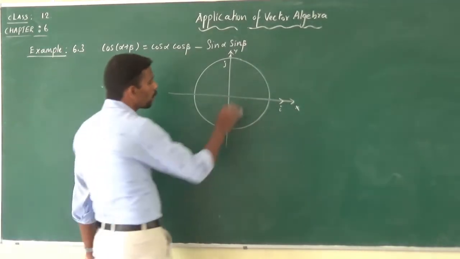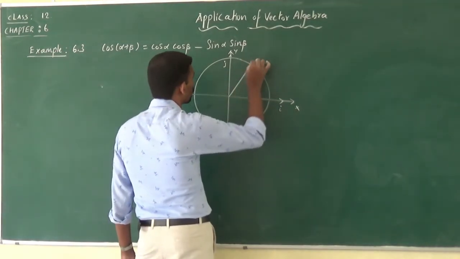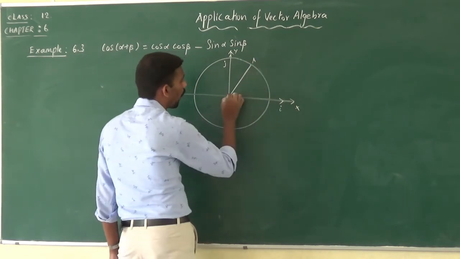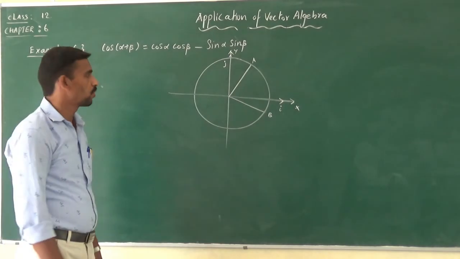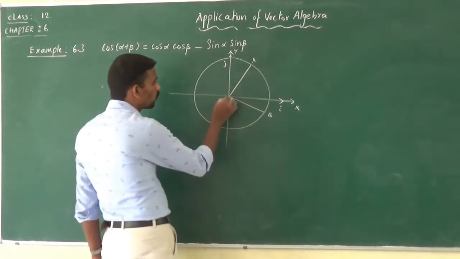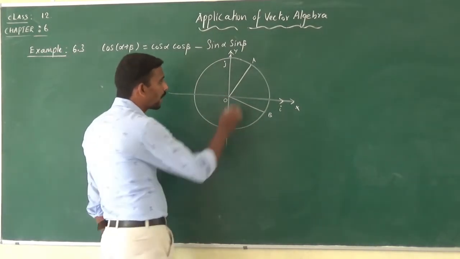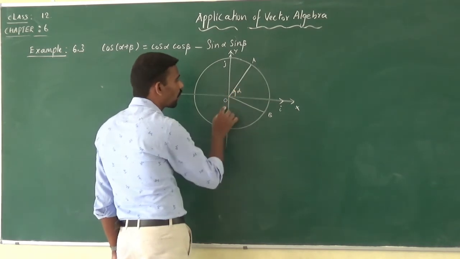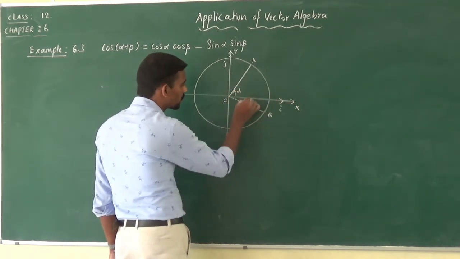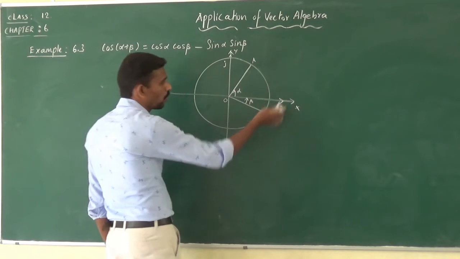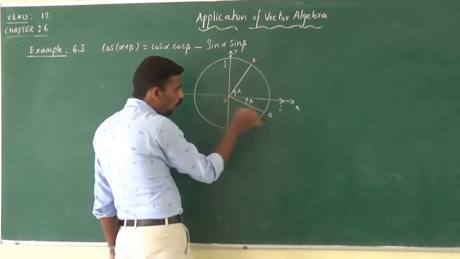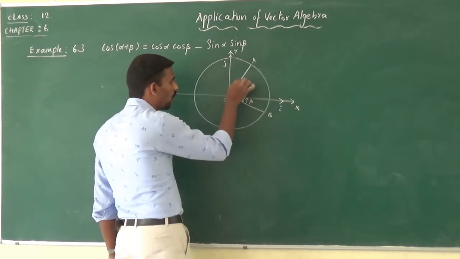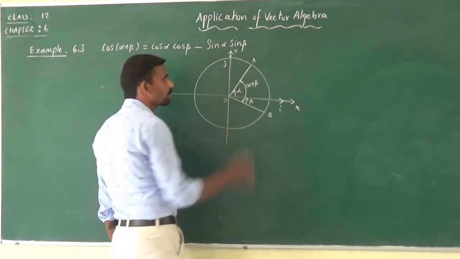I am taking points A and B in the first quadrant as well as the fourth quadrant. This is center O, and OA makes an angle alpha with the x-axis, and OB makes an angle beta with the x-axis. Now the angle AOB is nothing but alpha plus beta.